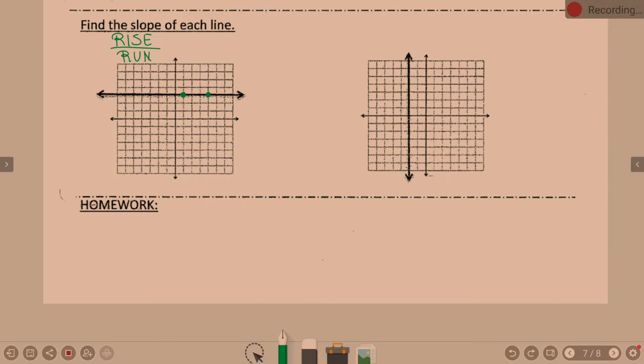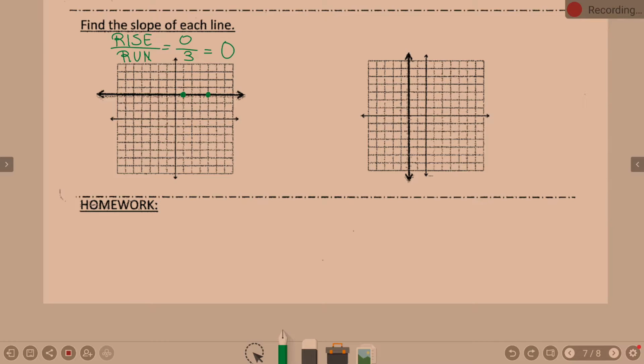What is the rise? How far do you rise? 0. They're on the same level, correct? So it's 0. Now, how far do you run between your 2 points? His is 2, his is 4, mine's 3. It doesn't matter what number you put there. You can say 100. What is 0 divided by all of our numbers? 0.